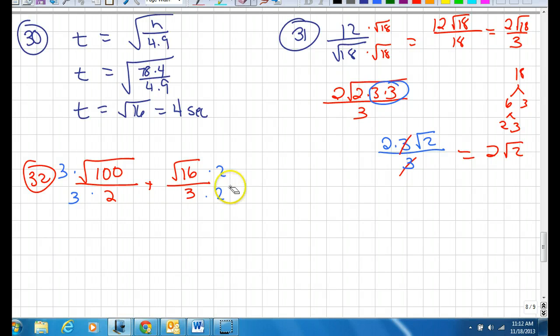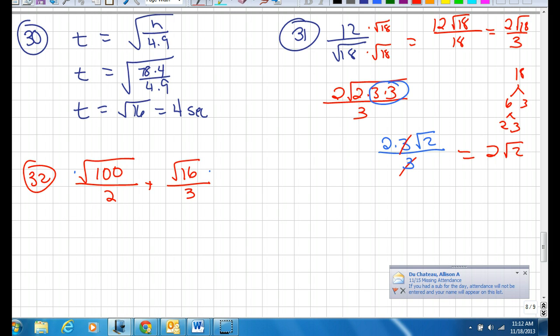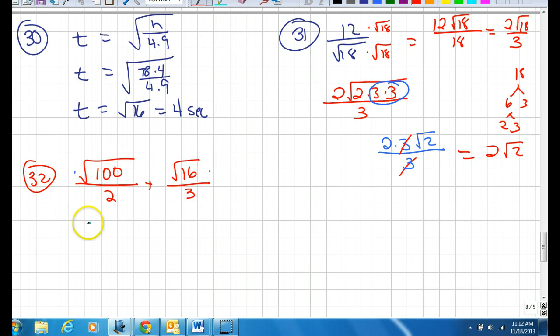And before, as you can see from my numbers here, I did the denominators first. But this time, I think I will do the square root. So what's the square root of 100? 10, right? So this will be 10 over 2 plus 4 over 3. Okay? Common denominator, what am I going to multiply this one by?